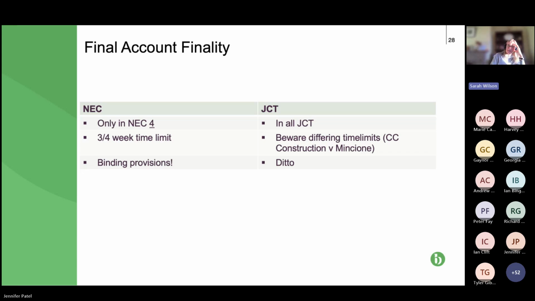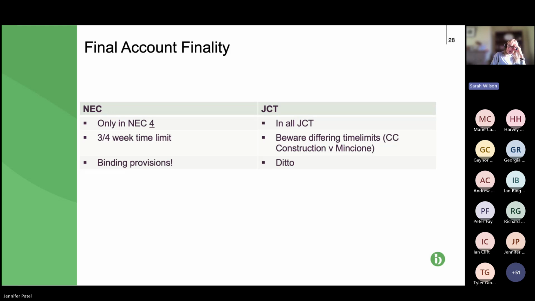Terminology changes slightly, and if the other party doesn't challenge that final account or final statement within a certain period of time by starting typically an adjudication, that party is deemed to have accepted it. Now, in my experience up until now, parties haven't really enforced those provisions between themselves. And I suspect that's because possibly they weren't aware that they were in the contract.